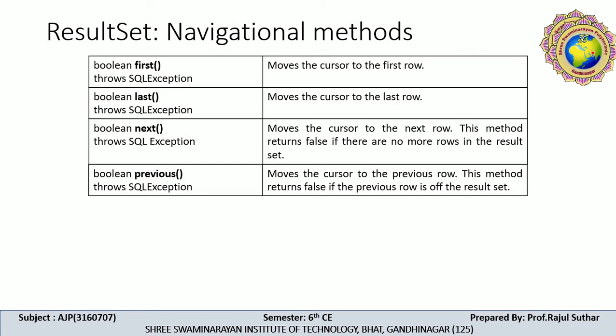It returns false if there is no previous row. It cannot go to position 0 because the first position is already pointed.